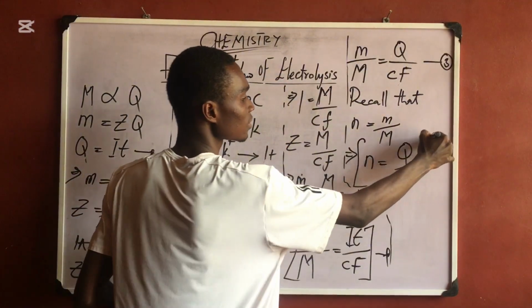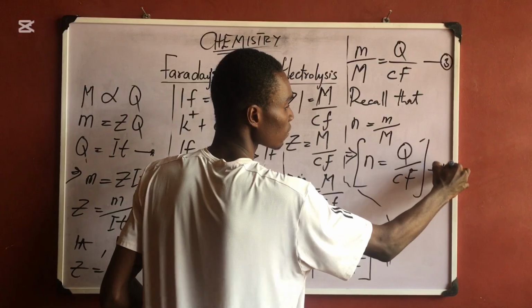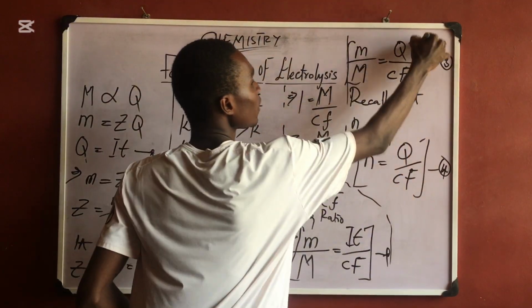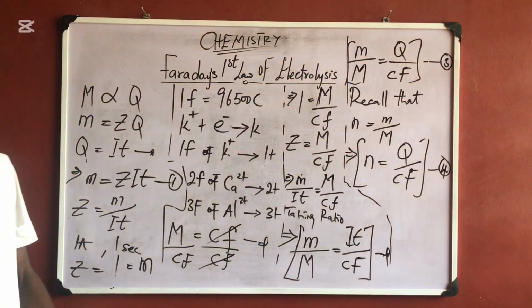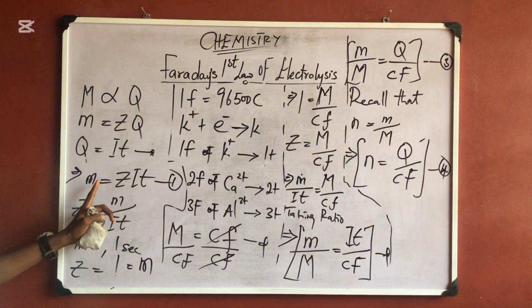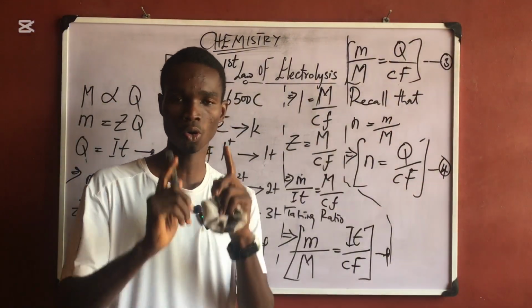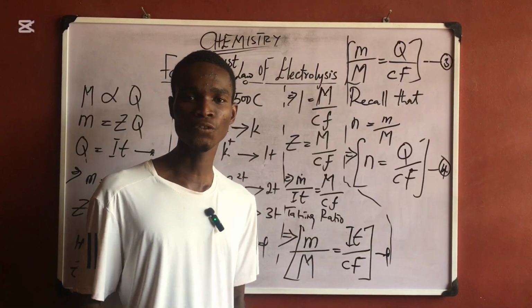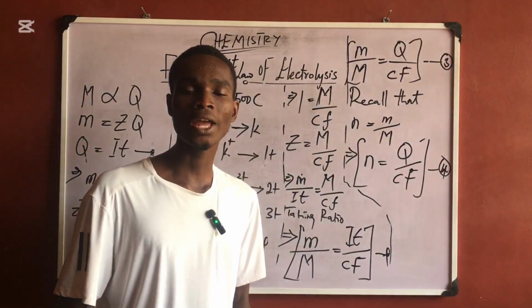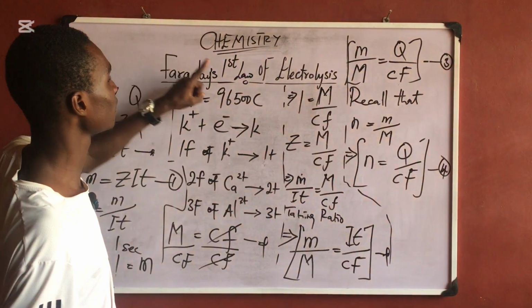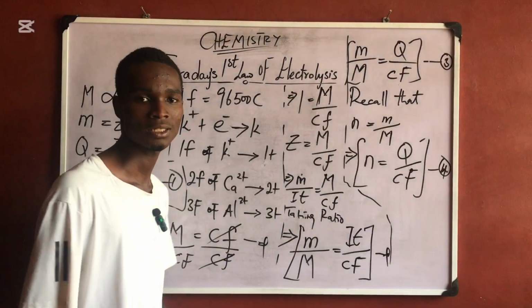This gives equation 4. So now, having these 4 equations, 1, 2, 3, 4 only, can solve any question that regards Faraday's first law of electrolysis.